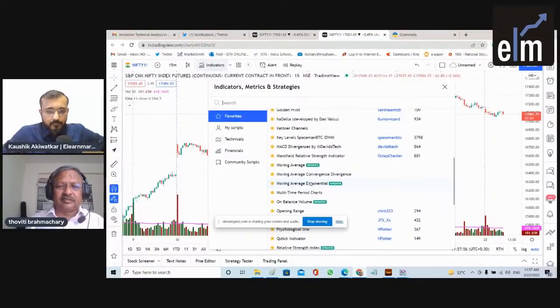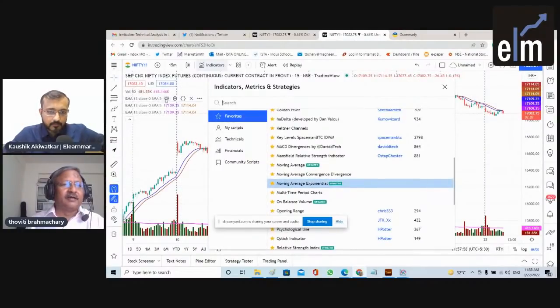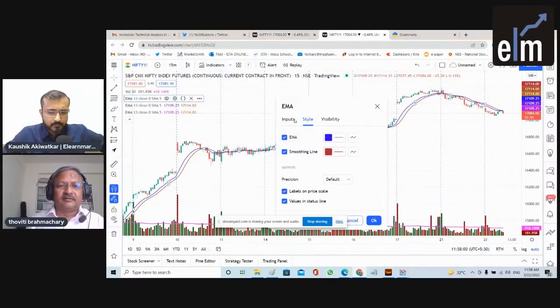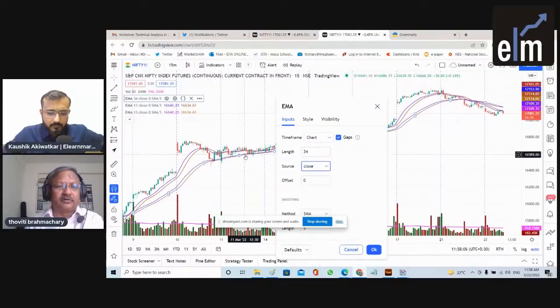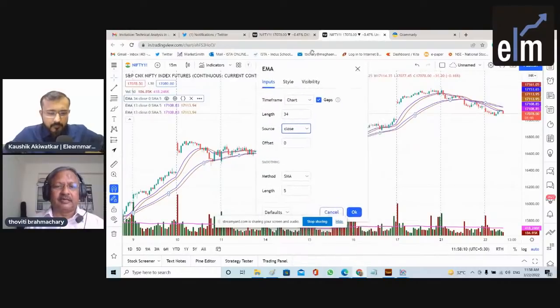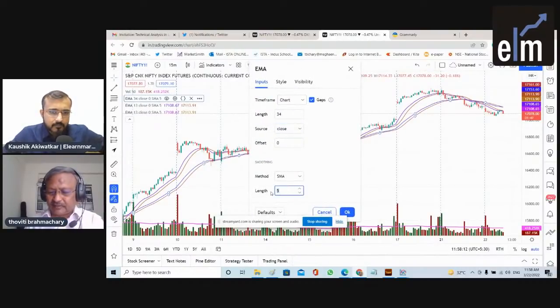Apply a moving average, exponential, 3, and in the inputs make it 34 close. I think TradingView has given a lot of other things now.